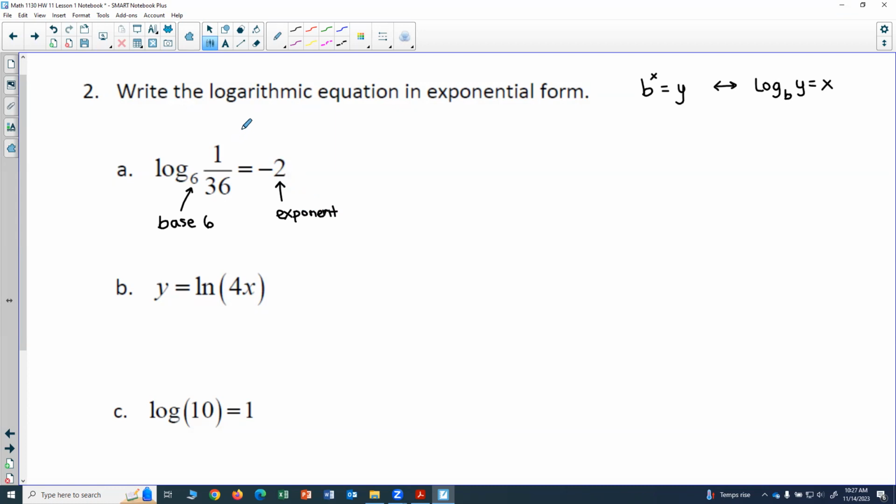And the part that is plugged into the log, remember, is called the argument, the input of the log, which is the output of the exponential.